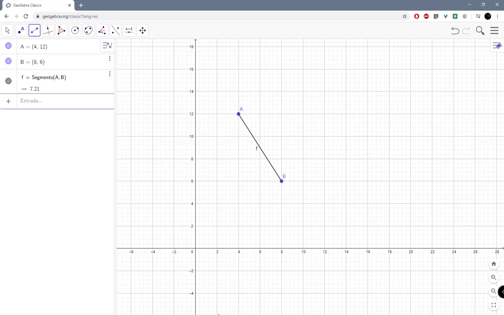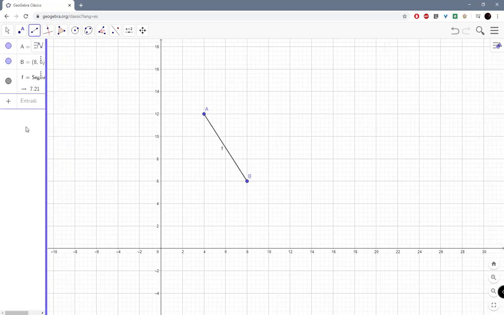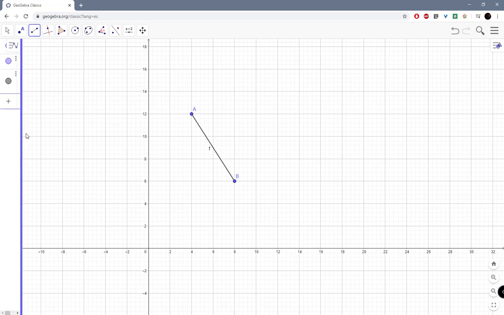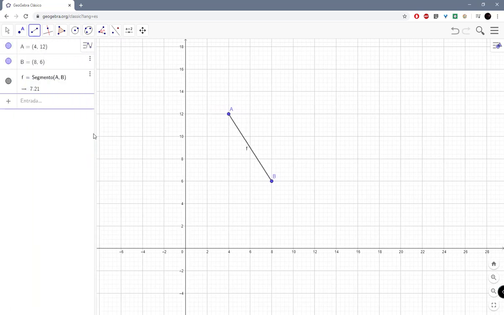You can do it anywhere in the Cartesian plane, but I prefer doing it in the first quadrant, but remember, it doesn't matter where you do it. And as you can see here in this tab, if it doesn't appear, you can uncloak it from here. In this tab you can see the coordinates of the 2 points and actually also the length of the segment, but we are not going to need it for now.